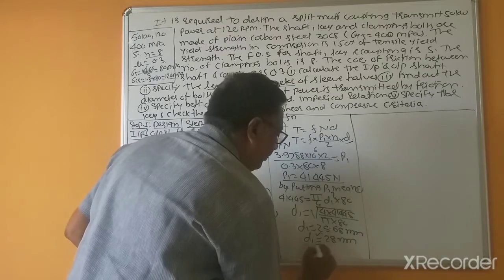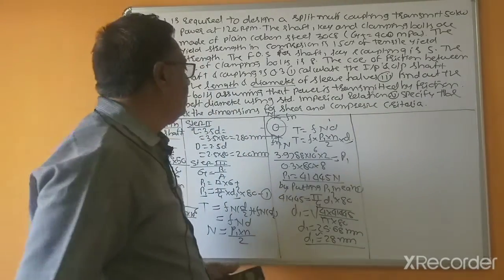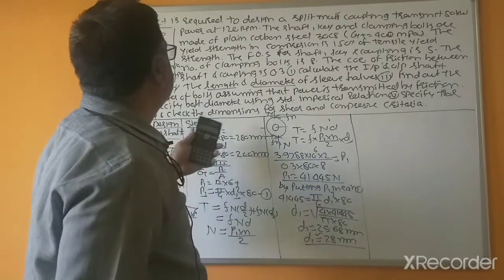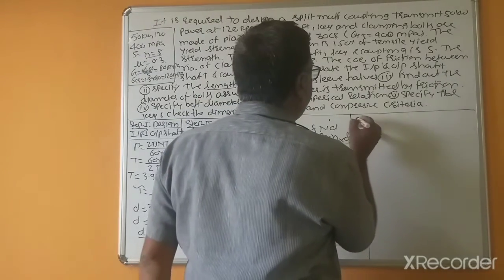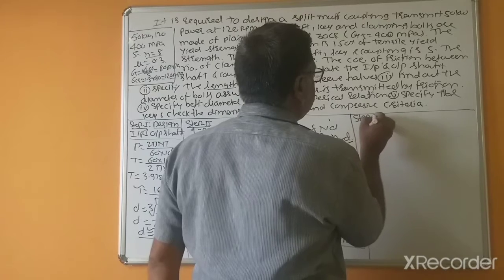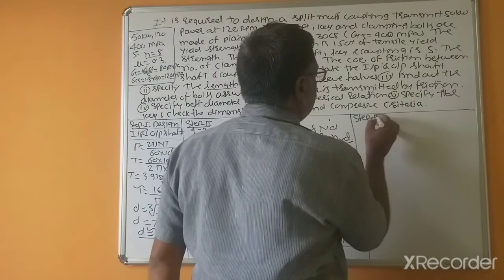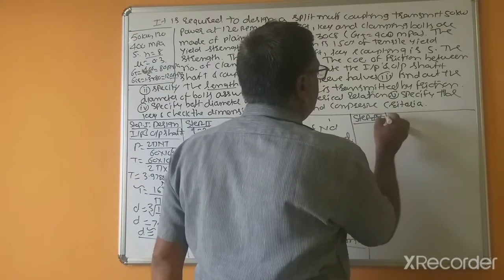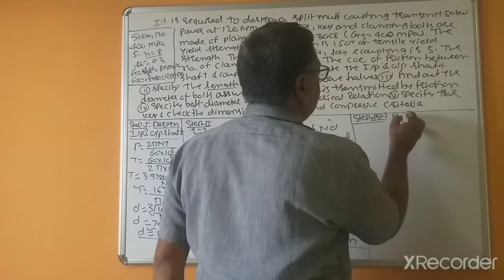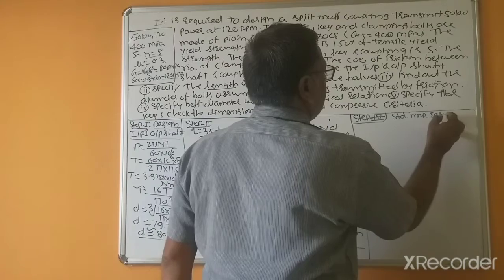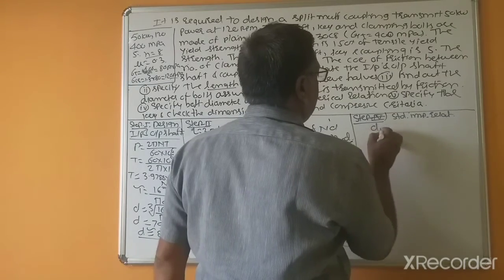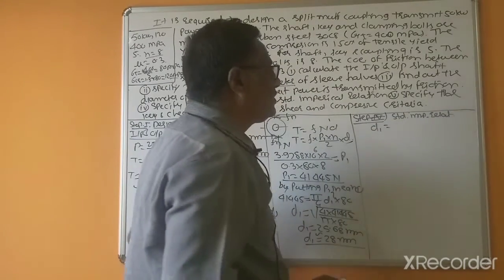Suppose this is the standard 28 mm. Right? Now, by using the standard empirical relation, this is step 4, d1 equal to the diameter of the bolts.